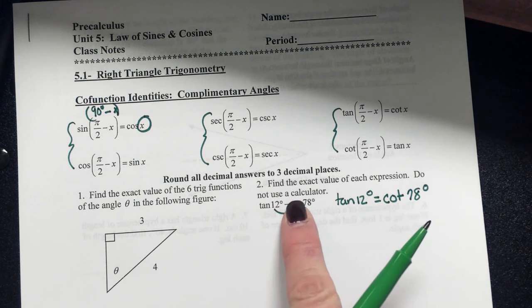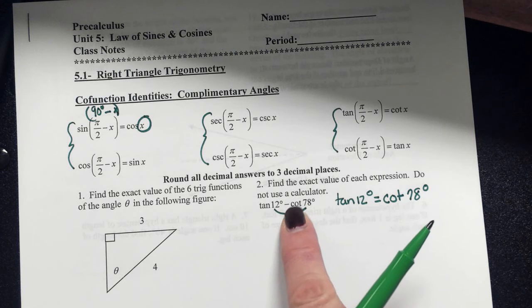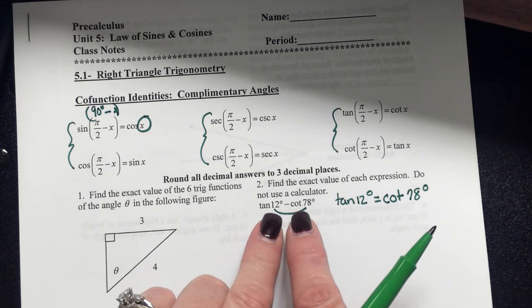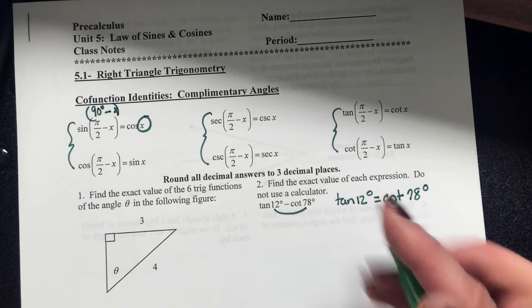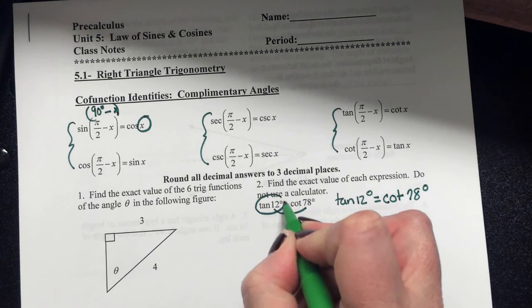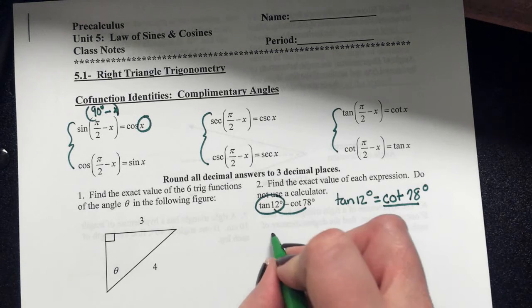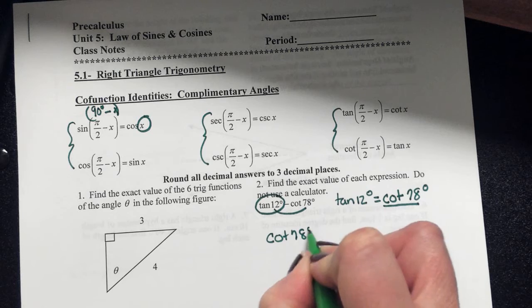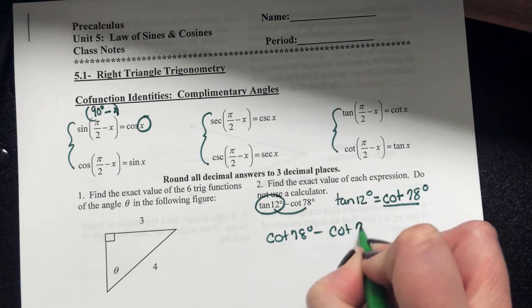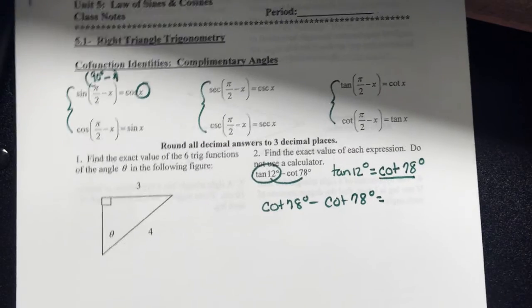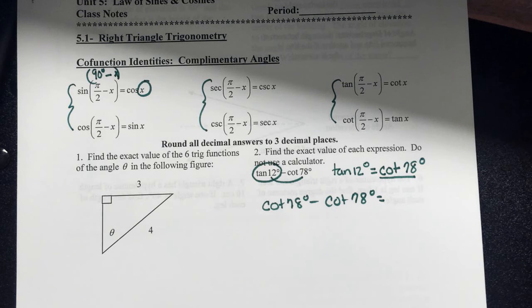Now, even though 12 degrees and 78 degrees is not from our unit circle, we're going to be able to work these problems out without a calculator. Because again, I can take the tangent of 12 degrees and replace it with a cotangent of 78 degrees. So the cotangent of 78 degrees minus the cotangent of 78 degrees. What is the cotangent of 78 minus the cotangent of 78 going to give you? 0.